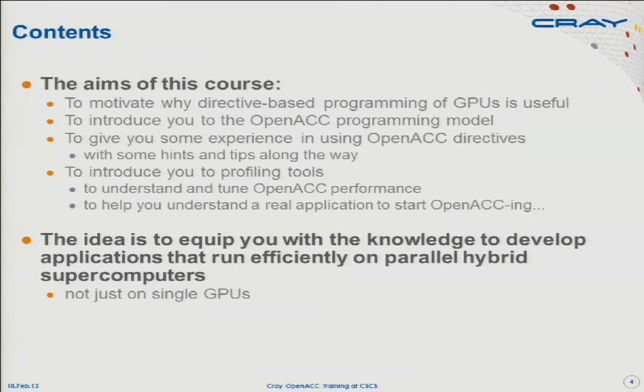The aims of this course are to motivate why a directive-based, high-level approach to programming GPUs is useful, to introduce you to OpenACC, and give you some experience in using the directives. I've put in some hints and tips along the way.